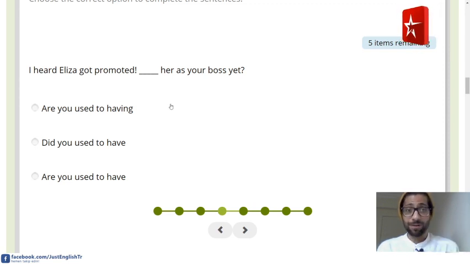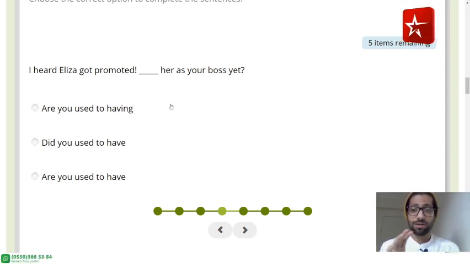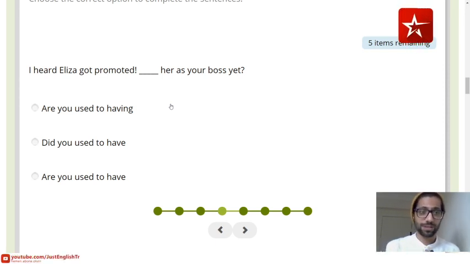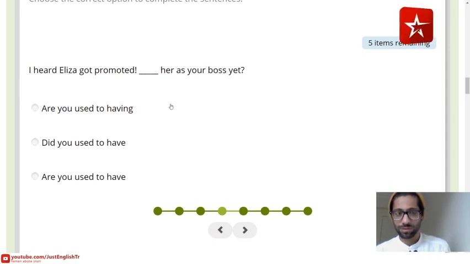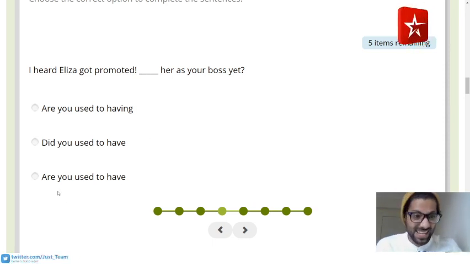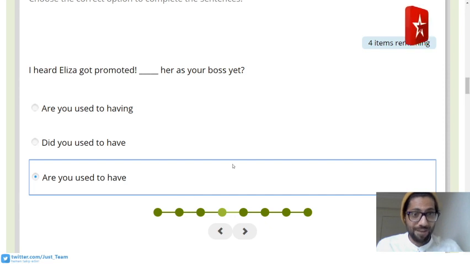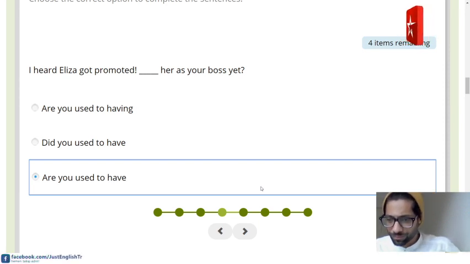Again, this is about familiarity or a constant thing. It's not about something in the past and change. I see C. Are you used to having her as your boss yet? Yes. Yes, you can do that.